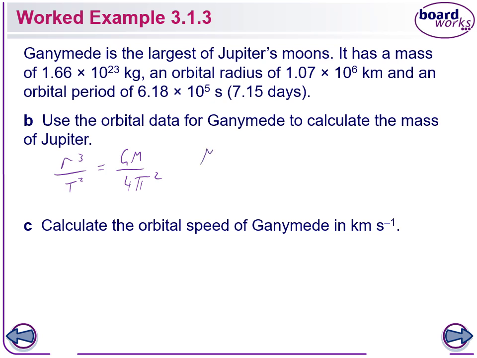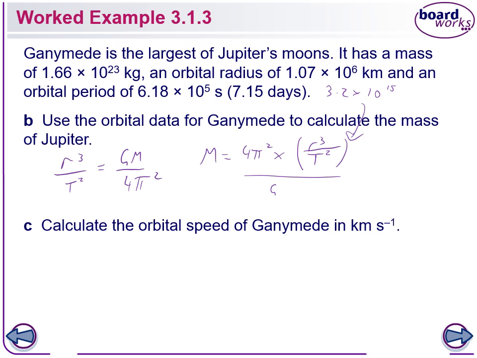Our capital M is going to be equal to 4 pi squared multiplied by, I'm going to leave this in brackets, r cubed on t squared, divided by G. Now the reason I've done this is because we know already that value, r cubed on t squared, that's the one we worked out before, 3.2 times 10 to the 15.